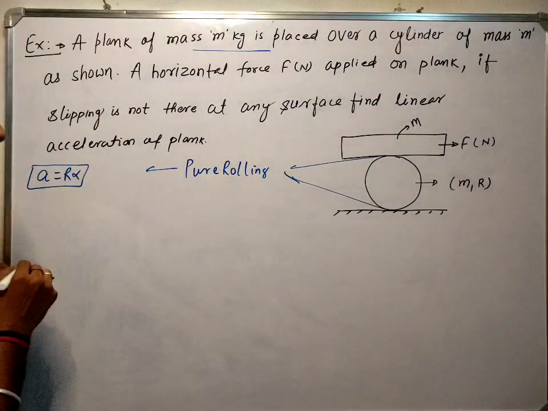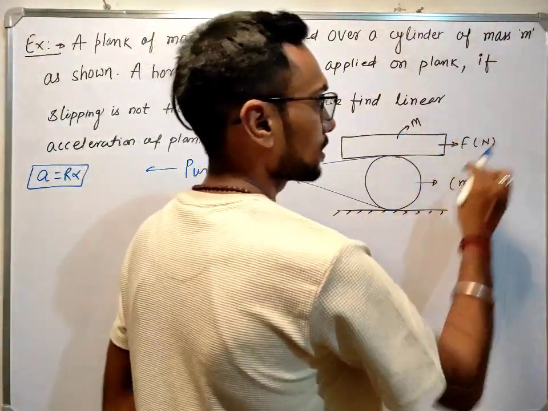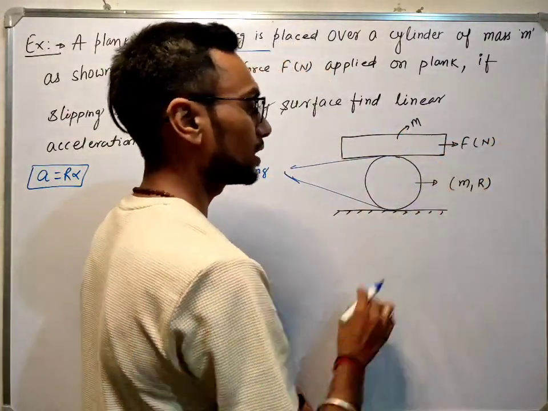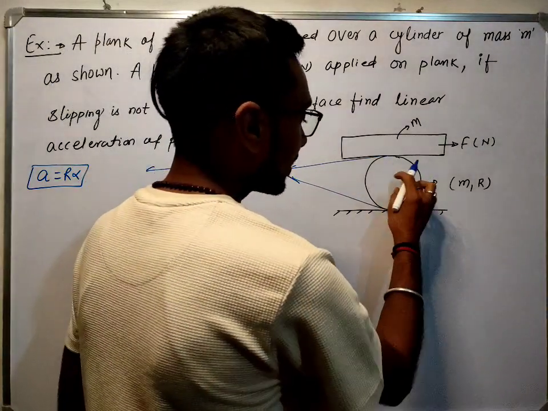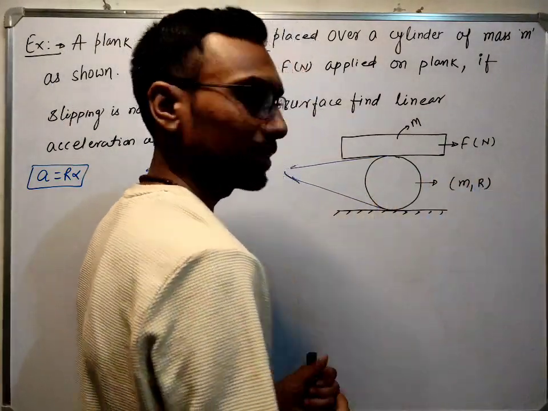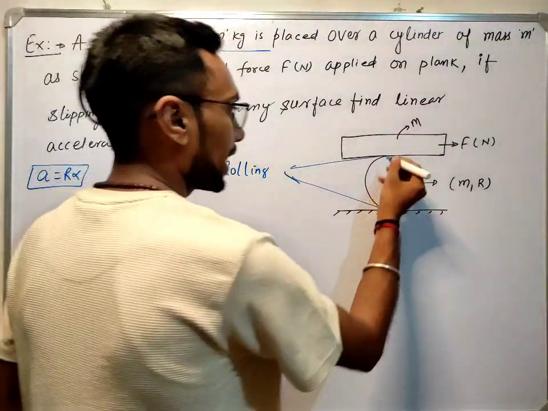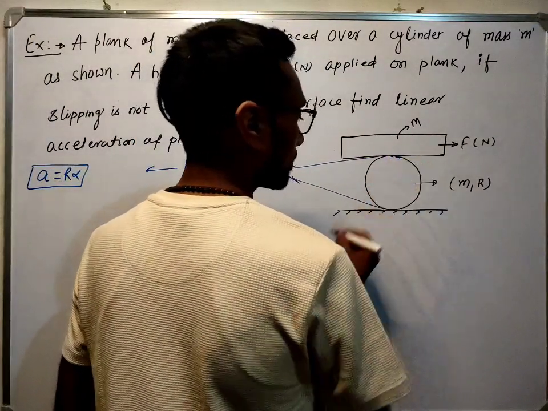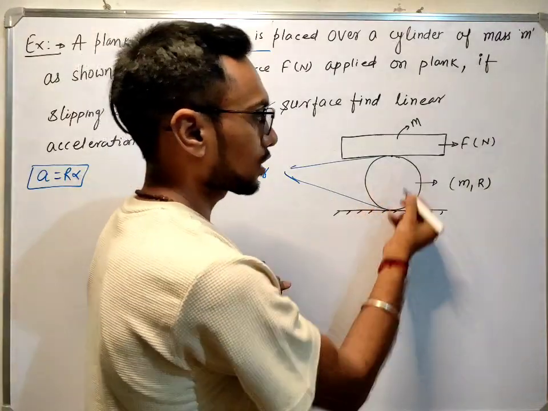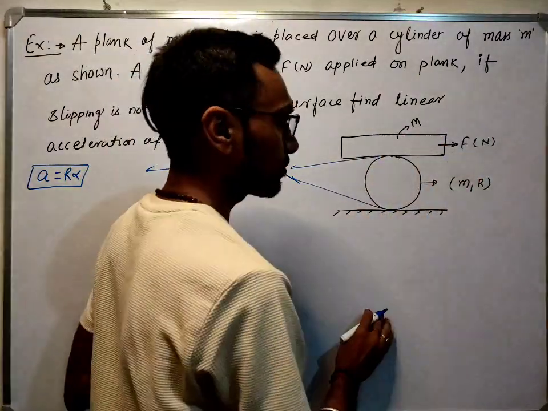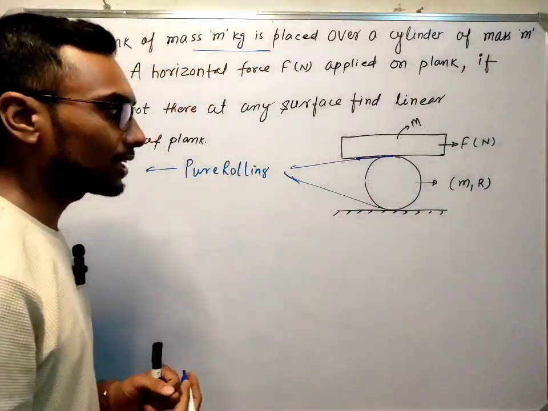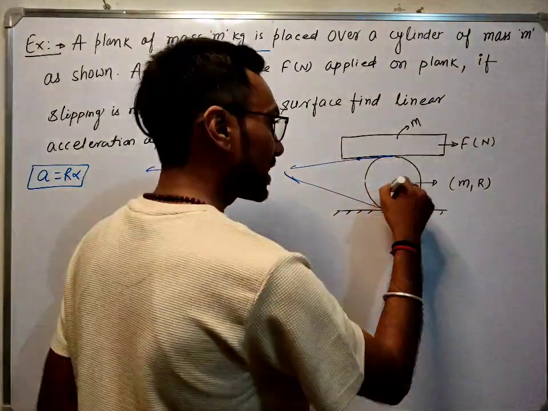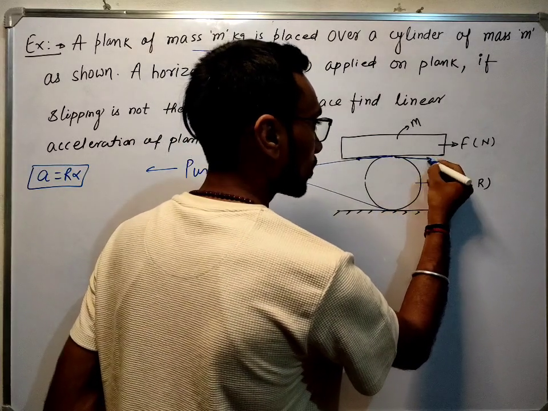Now when we apply a force F newton on a plank, then the plank moves in which direction? Forward direction. Then this cylinder will also try to move in forward direction. That's why let's talk at the contact point. As the plank moves forward, friction acts in the backward direction on the plank, and the same friction acts in the forward direction on the cylinder.